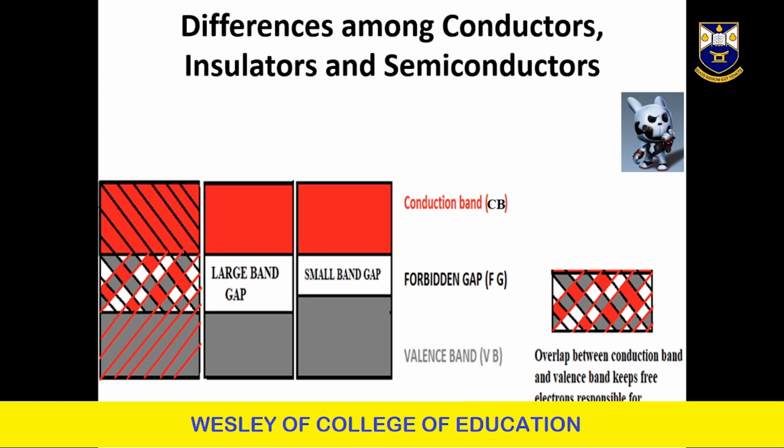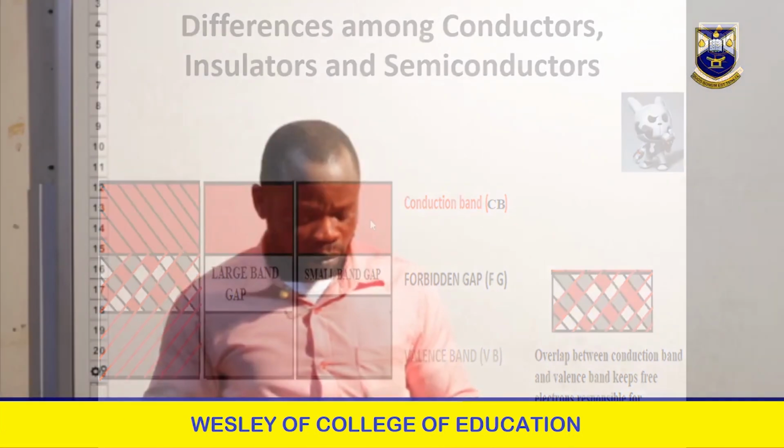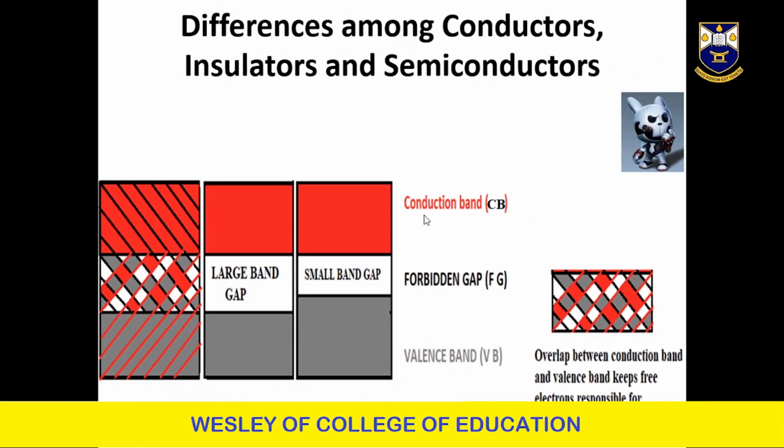Now, on your slide, you see some beautiful drawings showing some important things about all substances that we can lay our hands on earth. Now, to start with, we want to say that every substance has 3 layers.